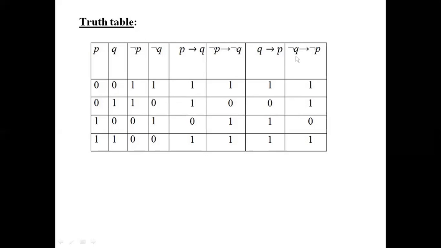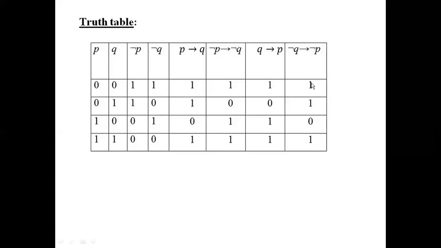And lastly, negation Q conditional negation P. Negation Q is the fourth column. We read the fourth column first, followed by the third column. So in the fourth column 1 and third column 0 is in the third row. Only when it is 1, 0, the truth value is 0.